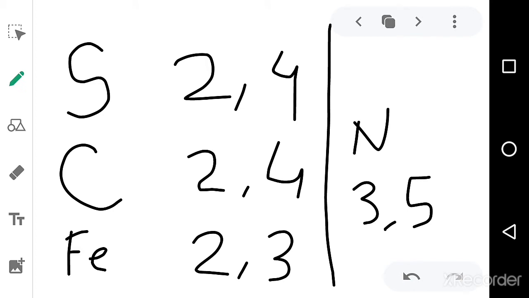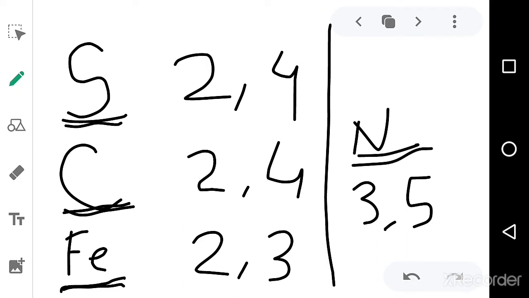More examples on this screen. Capital S for sulfur, but here you can see two numbers written, 2 and 4. Capital C for carbon, again two numbers, 2 and 4. It means some elements have variable valencies, like sulfur, carbon, iron, meaning Fe, and nitrogen, meaning N. These elements have variable valencies.